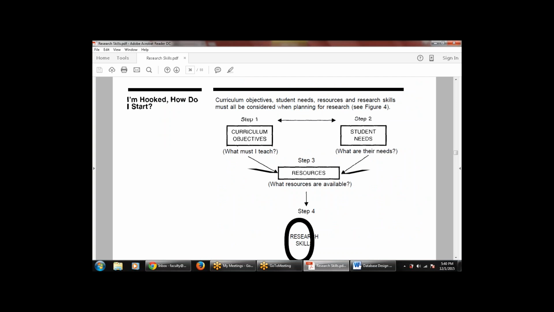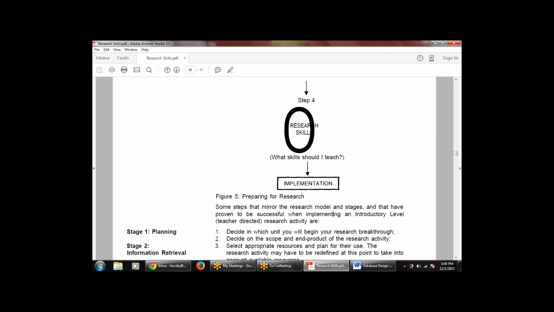Step 2 is the student need. Step 3 is the resources used. Step number 4 is the research skills used for the research. Then implementation: the various implementation techniques.